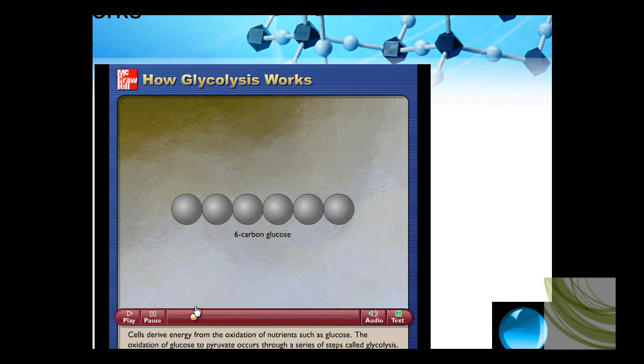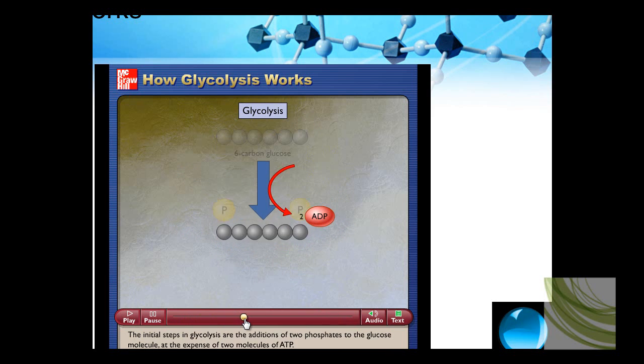Okay? Go over it once again. So I spent 2 ATP. And remember, when you see a little line, that just means a series of chemical reactions. So we have chemical reactions going on here, and we're spending 2 ATP, and when we spend them, we now have 2 ADP, 2 adenosine diphosphates, and we take that third phosphate from both of these molecules and we attach it to the glucose.